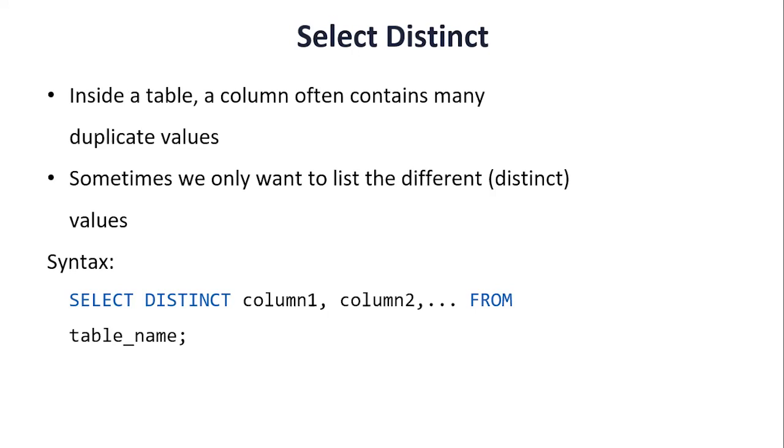So for some reason, if you want to find out what are the different ages that these persons have, you can use a keyword like distinct. So same structure, only thing is we mention select distinct and whatever the column names.